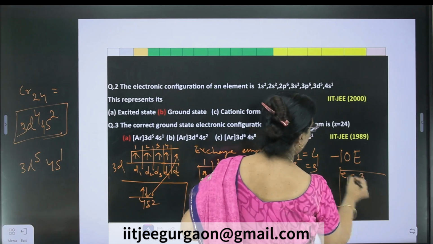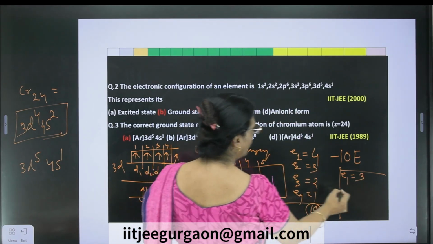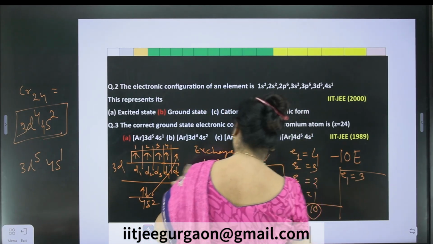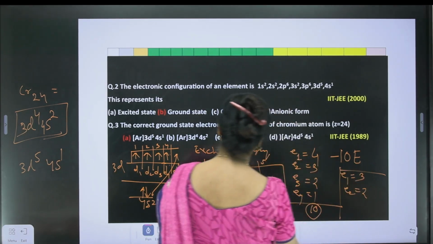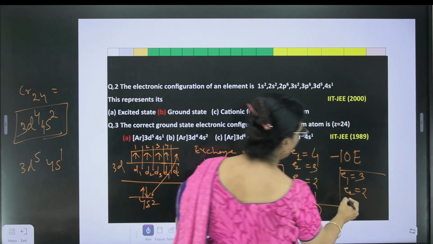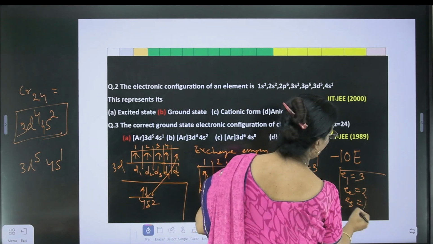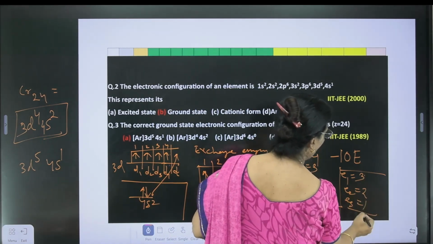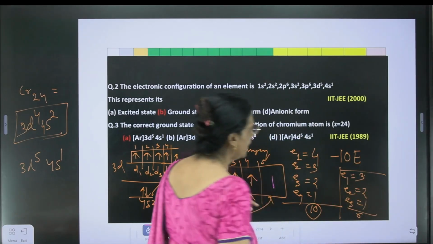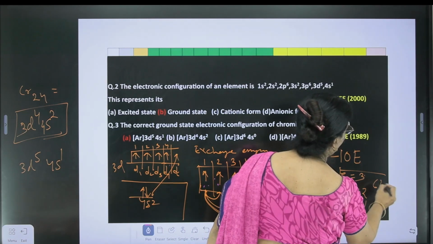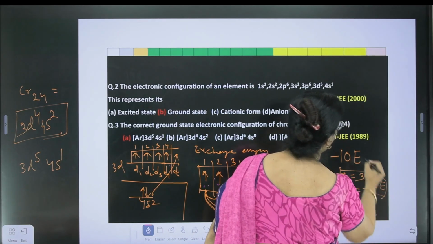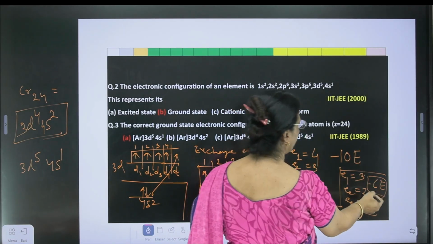So E1 is 3, E2 is 2, and E3 has only one option. So 3 plus 2 plus 1 is equal to 6. So here it is 6E exchange energy.